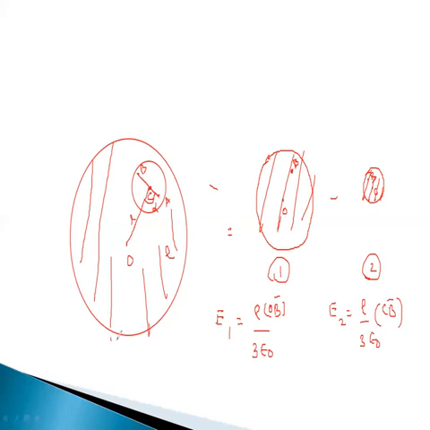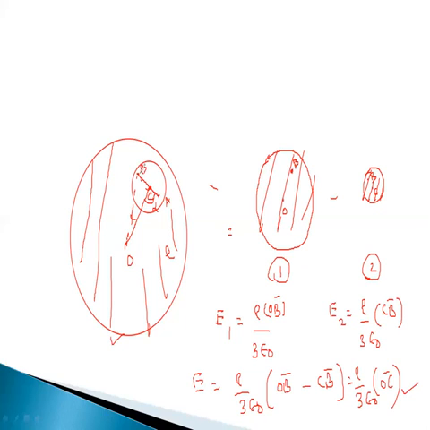The final answer is the resultant of the difference between these two, that is rho by 3 epsilon naught into OB bar minus CB bar. OB bar minus CB bar, in vector form, is nothing but OC bar. So that will be rho by 3 epsilon naught into OC bar. This is the resultant electric field intensity at point B.